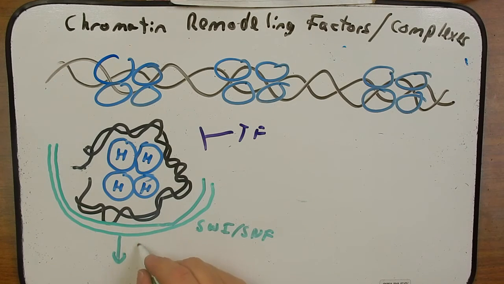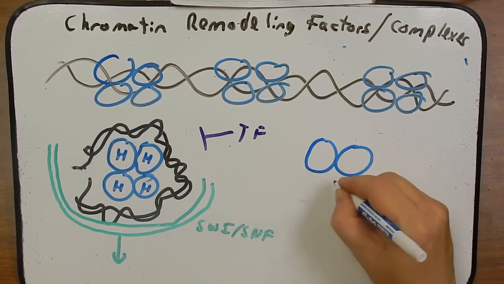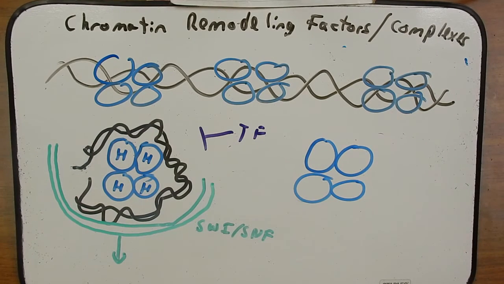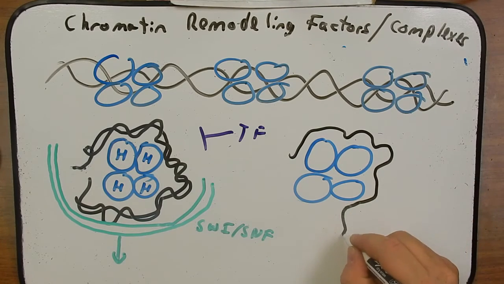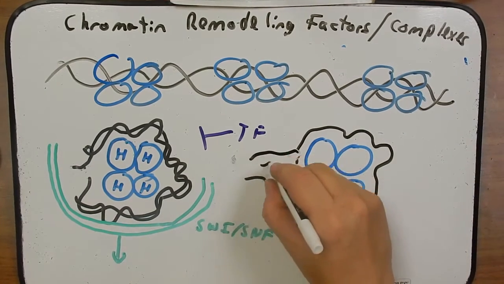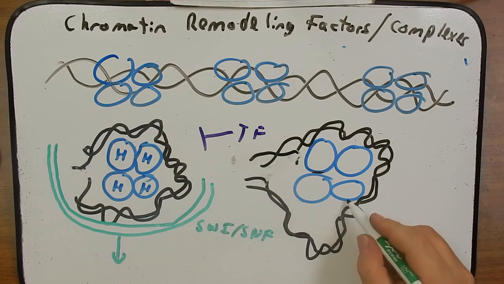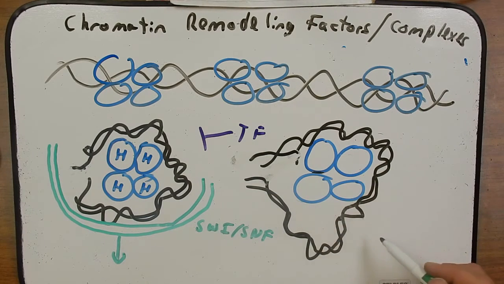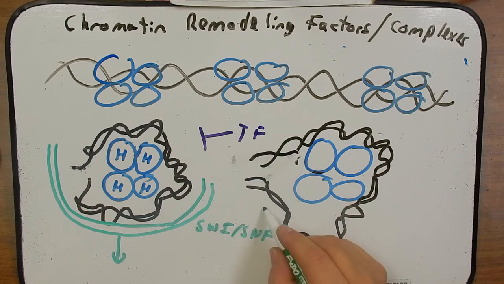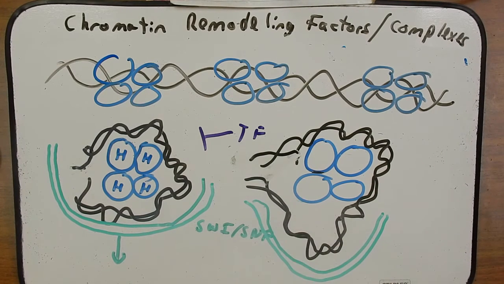It's just going to pull a little bit of it down. And so what you might have after it's initiated this is something like this. Where you form this loop of DNA that's been pulled away from the histone proteins. So it's still down here, it's still holding on to it. At some point though, it will dissociate.